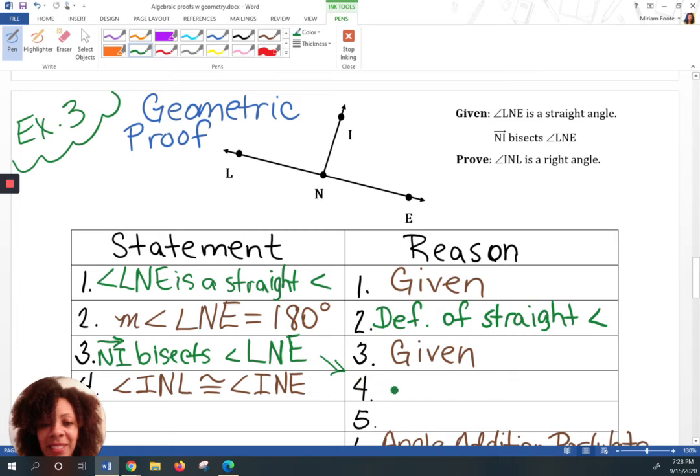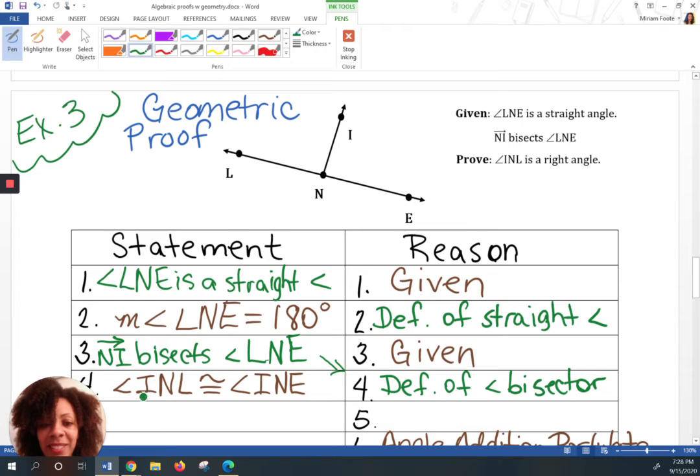What I'm going to use now is, well, why is this true? Because of the definition of an angle bisector, that ray NI bisected this big angle, so that's the definition of a bisector. This is sometimes confusing for students. So you just have to really follow along with what's going on.